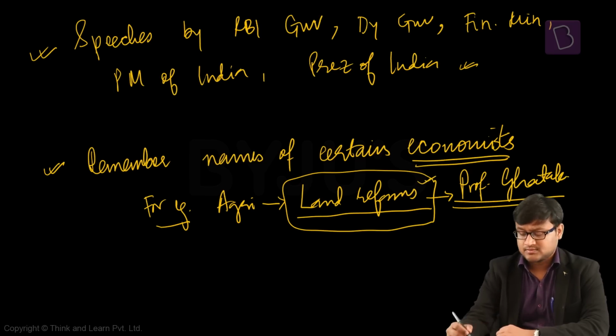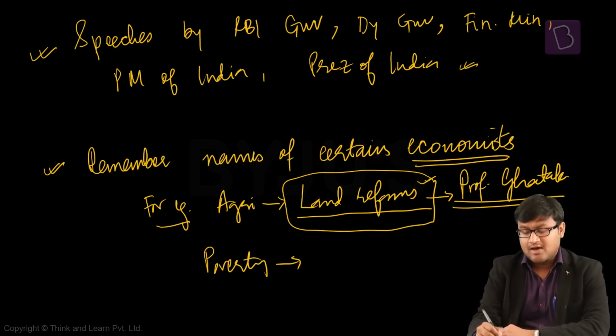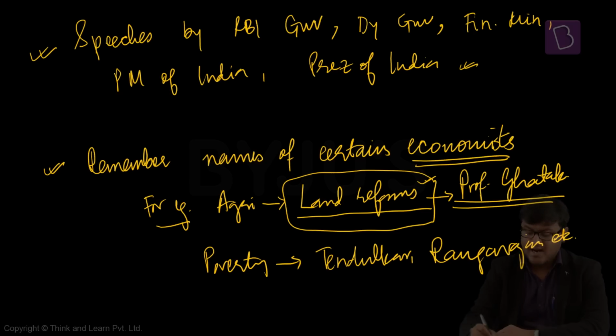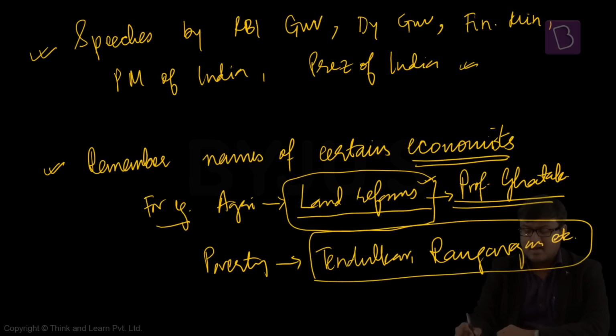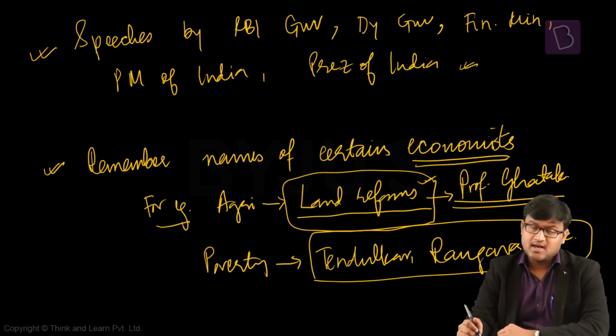Then for example, for poverty, you have reports of different committees like the Tendulkar Committee, Rangarajan Committee, etc. Try to remember these names and put them in your answer. This will really add value to your answer and give you extra credit points. It is good if you can also remember the year of publication of the paper.